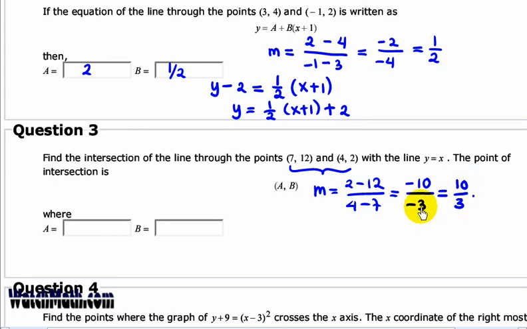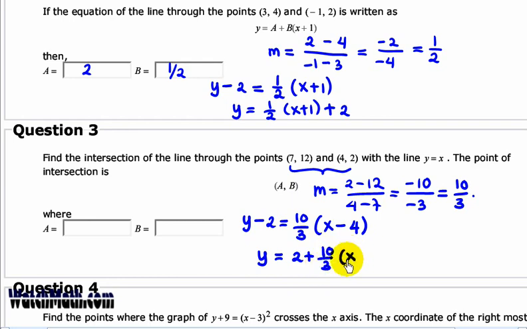This is the slope, and so the line passing through the 2 points in the point slope formula will be, I will take this point, y minus 2 equals 10 over 3 times (x minus 4). So y is equal to 2 plus 10 over 3 times (x minus 4).